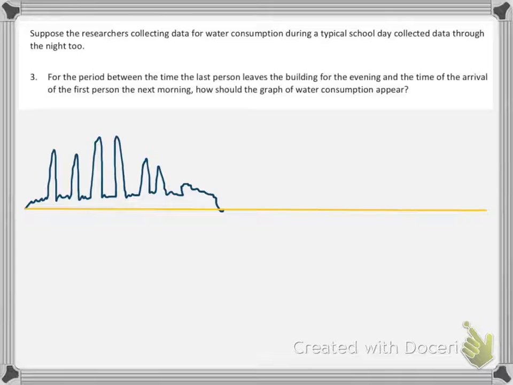Okay, if that's my x-axis, then when everyone leaves school, there's no one left, no adults or let's say humans, no humans left in the school, then there shouldn't be any water consumption. So our water consumption should go to 0, and it should stay there.